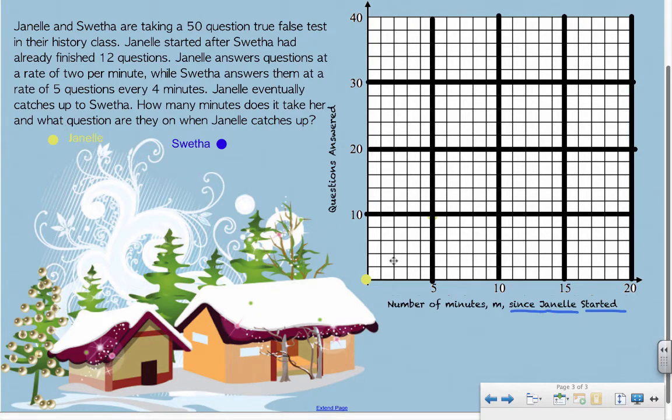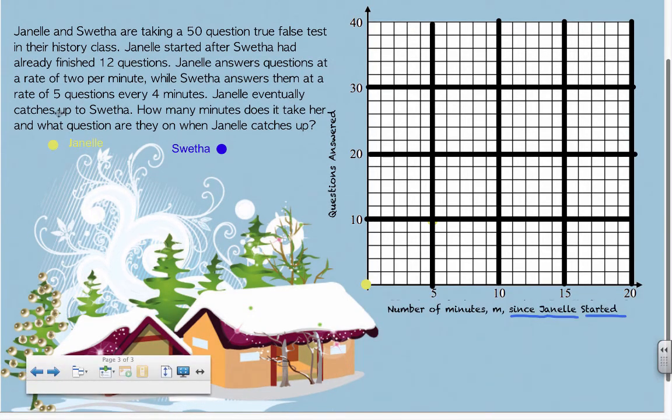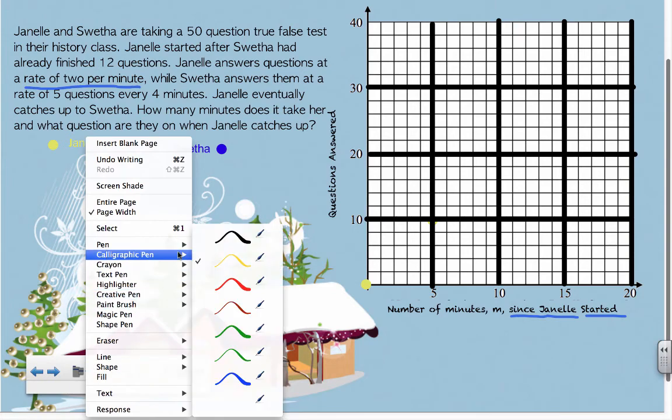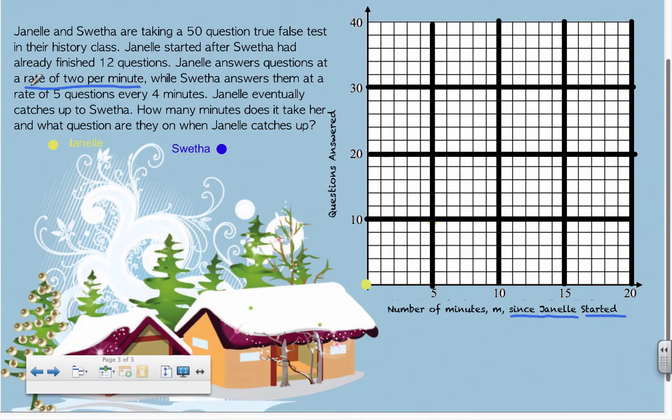But remember, so if I come up here and look, Janelle is at a rate of 2 per minute. So let me put that in yellow or gold. She's at a rate of 2 per minute.